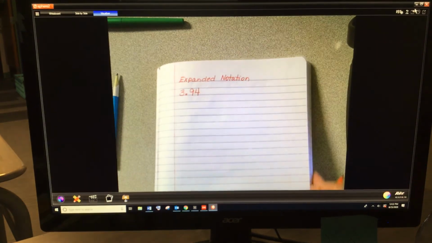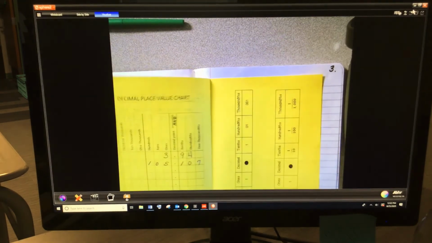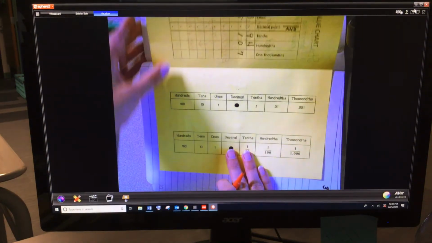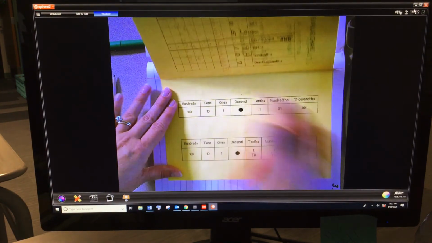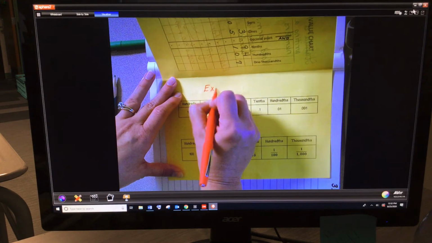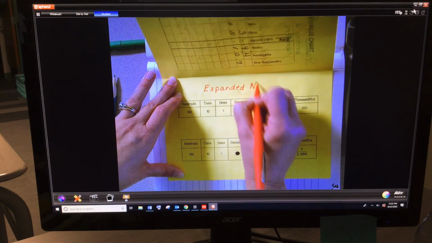Now, I want you to go back to your yellow paper or whatever color paper you had. And now we're going to go here. This is describing your expanded notation.